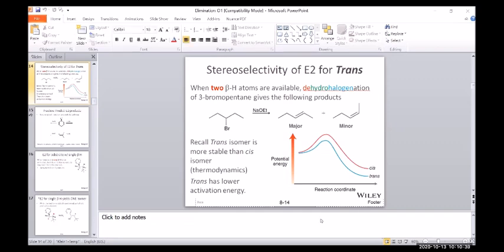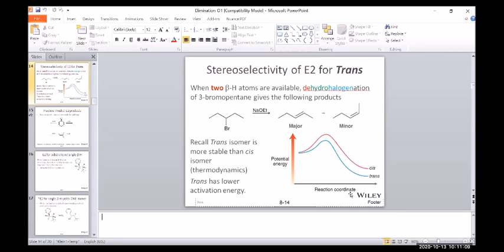So that's where we stopped last time, when we went over the Zaitsev and Hoffmann elimination. If there are multiple different carbons, each with a beta hydrogen, then it depends on the size of the base. A very bulky base tends to give the Hoffmann elimination, taking away hydrogen from the carbon with less substitution, less steric effect.